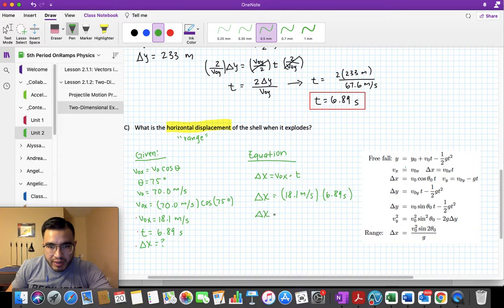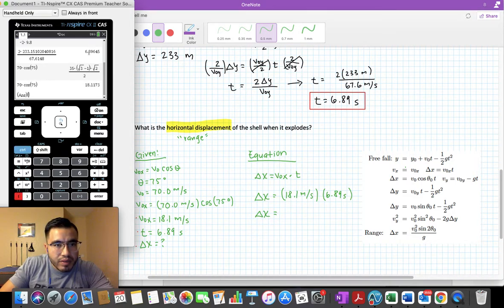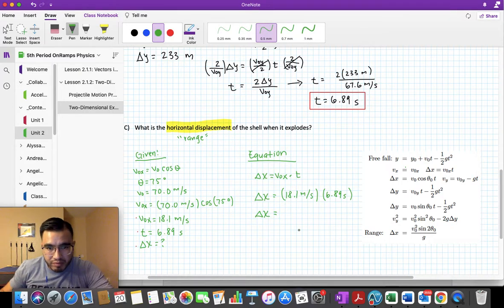So delta x is, let's see, I'm going to use my answer, times 6.89645. 124.9, 3 significant digits, so 125. So the range is 125.